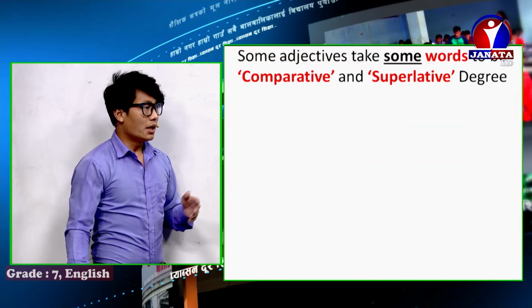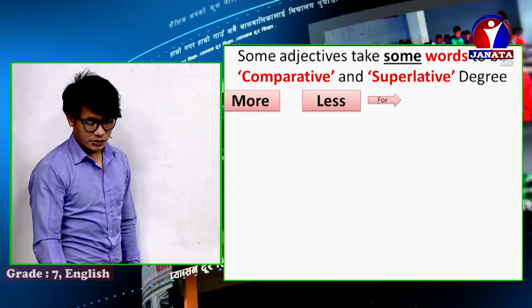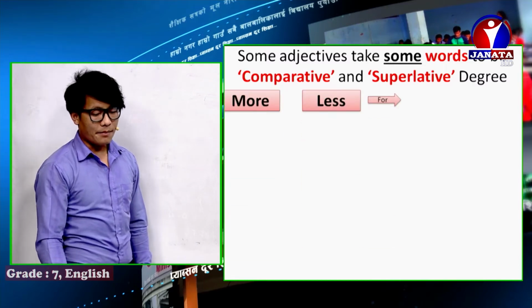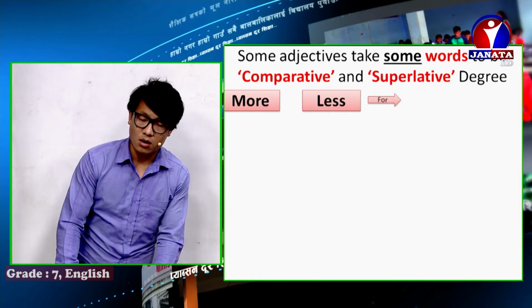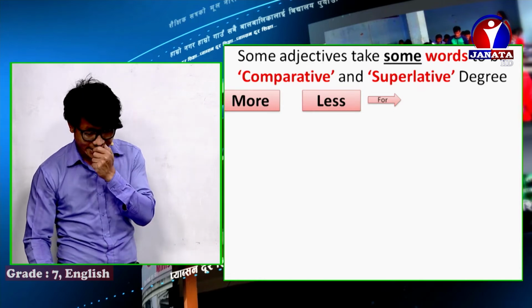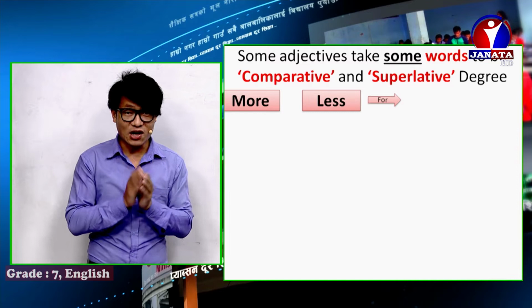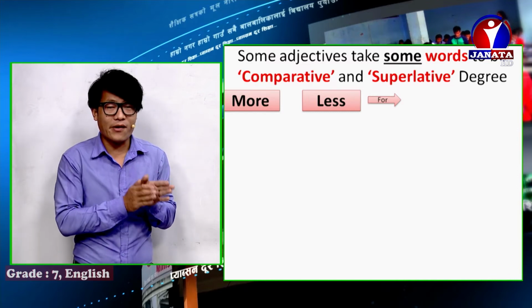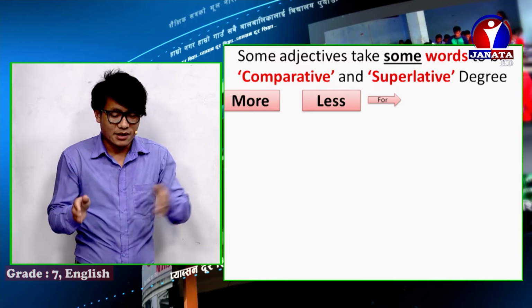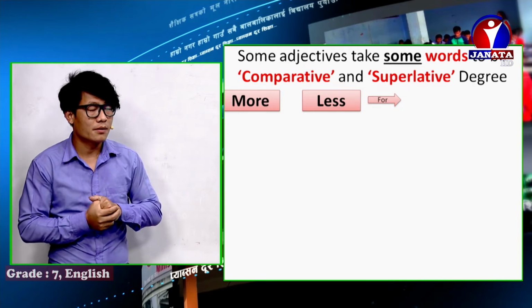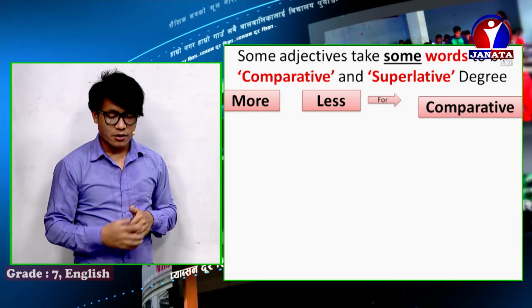And now see this side. I'm going to show you another one also. Some adjectives take some words to be comparative and superlative. Like see this, more and less for comparative.